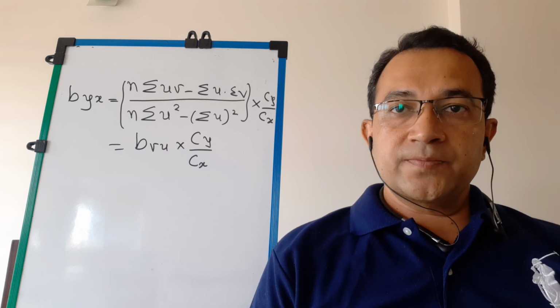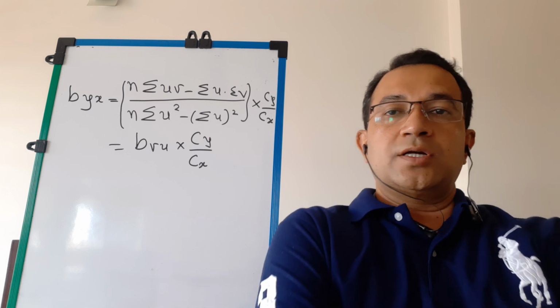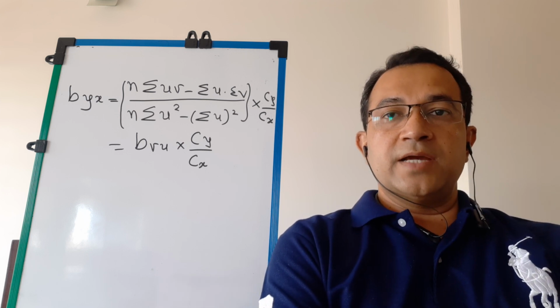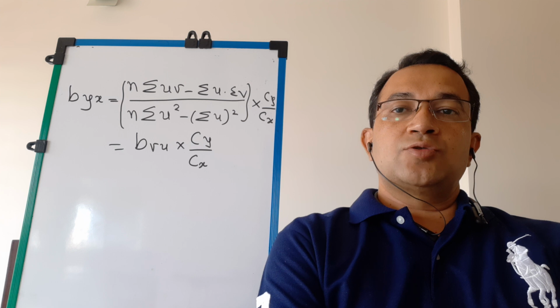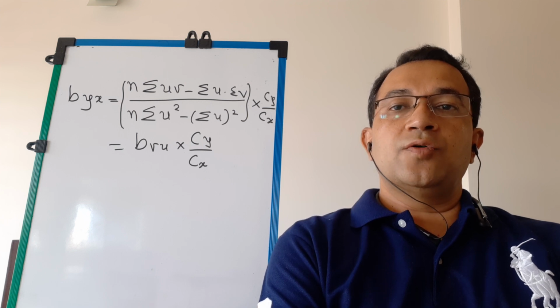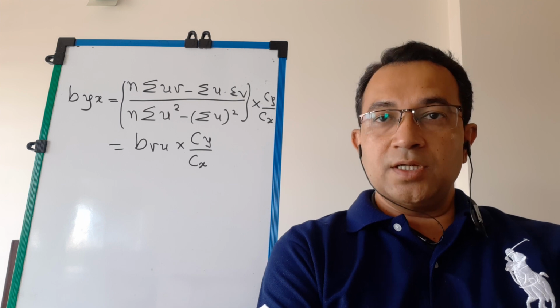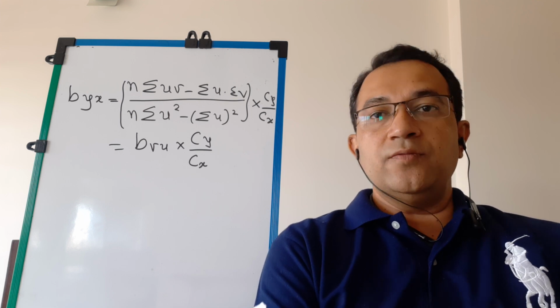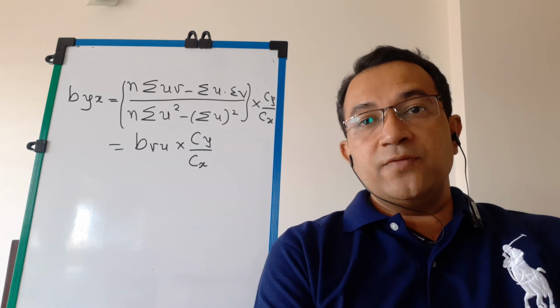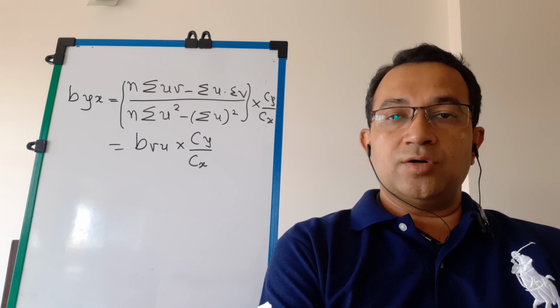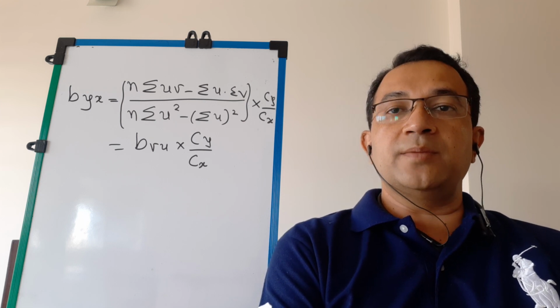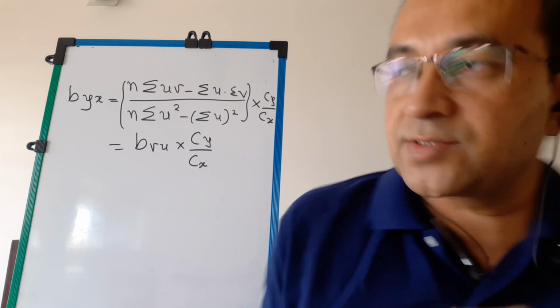Try to understand. This is the shortcut method formula, students. As I have explained in the last lecture, regression coefficient b is only independent of change of origin but not scale. We cannot divide, but still if we divide, we have to compensate for it by multiplying by cy upon cx.